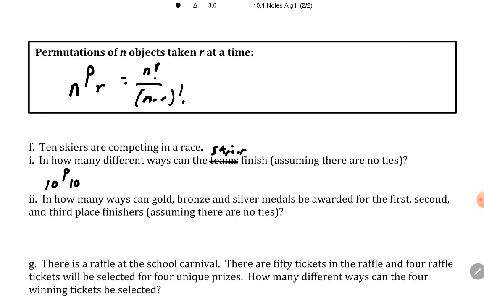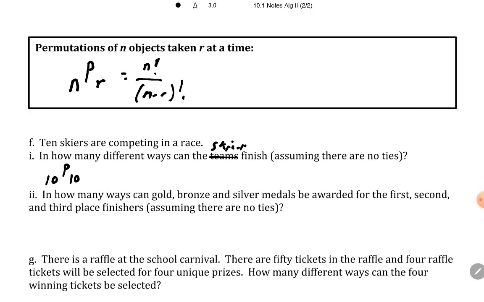So in this case, n and r are both 10. Taking the 10 skiers, that's the left number, and sorting them into 10 positions, which would be r.